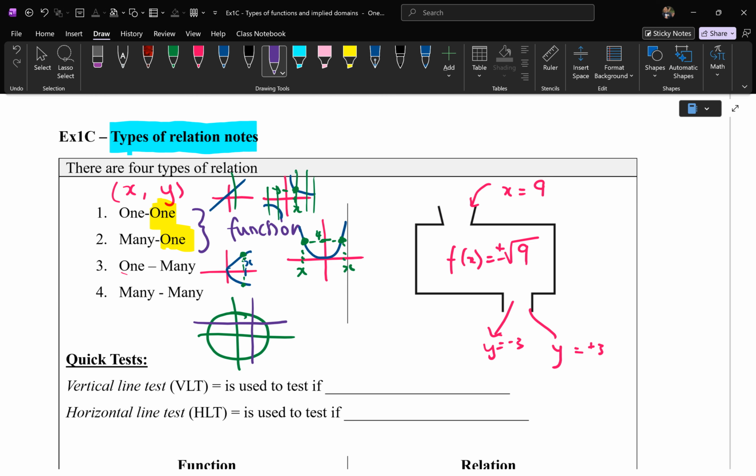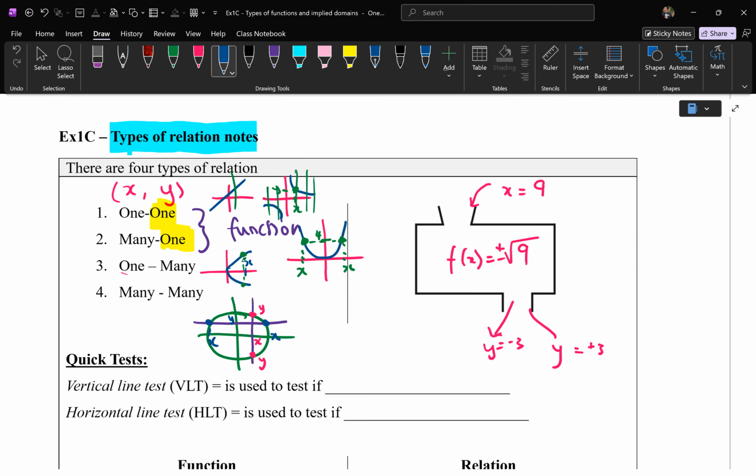Okay, so here I'm just going to write it again. This one you can have 1 x and you end up with multiple y's, so 2 y's, or you can have 2 x's for the 1 y. So 1 y to 2 x's, or 1 x to 2 y's. Okay, that's why it's called a many to many.